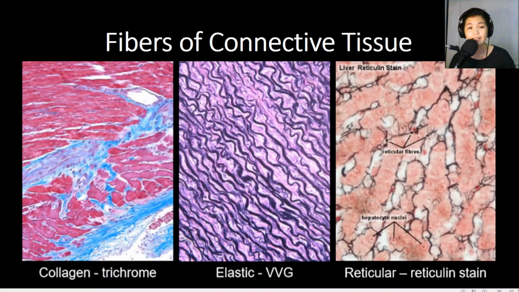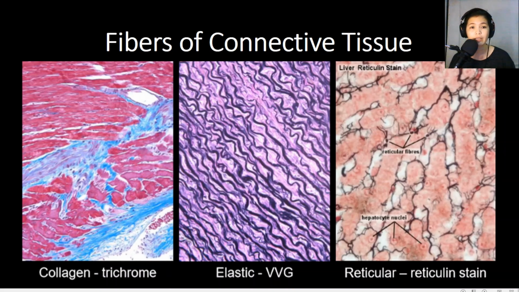And the last fiber that we have here is your reticular fibers, which serve as lattices to allow motor cells to move about. It is mostly composed of collagen type 3.